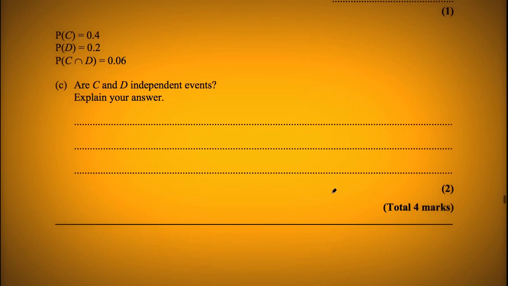Probability of C is 0.4, probability of D is 0.2, and the probability of their intersection is 0.06. Are they independent events?